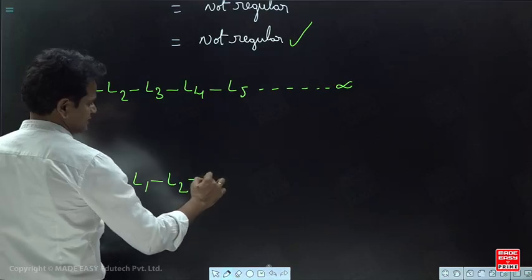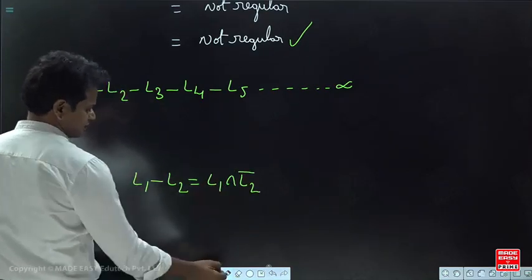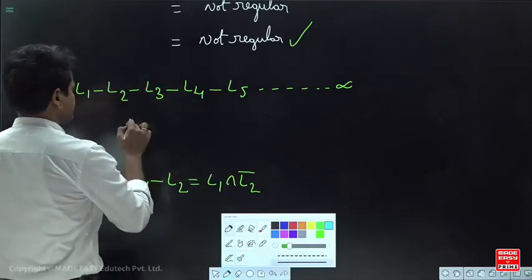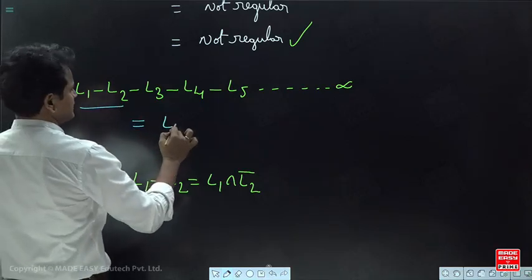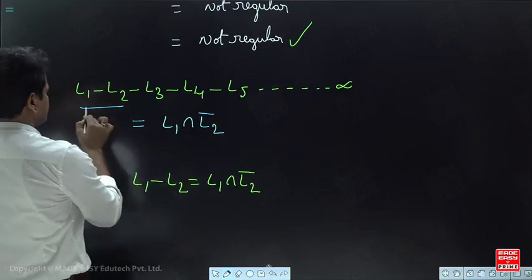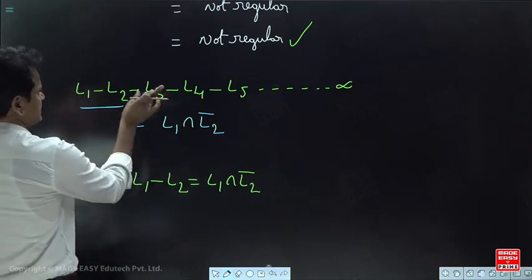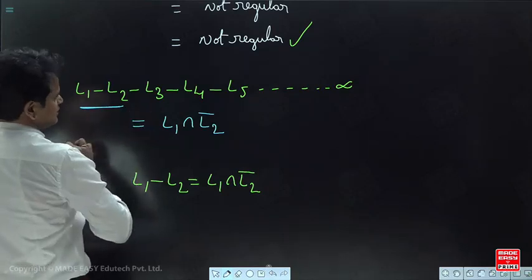L1 minus L2 is L1 intersection L2 bar. So we can write this part as L1 intersection L2 bar. Now this minus L3, how can we write it?